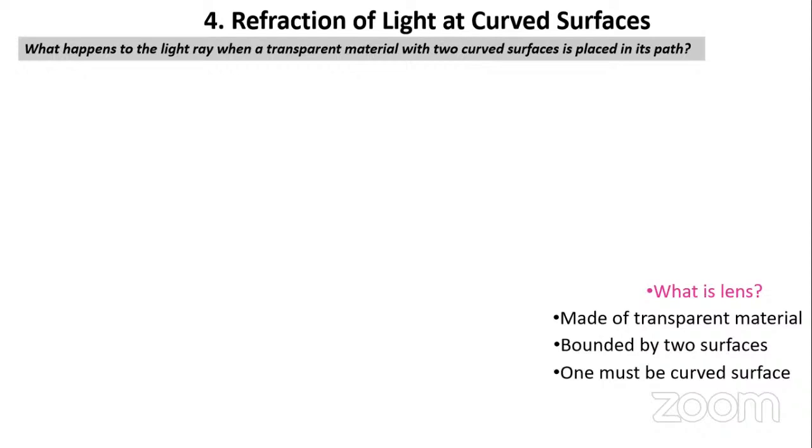So the lens definition is given to you: made up of a transparent material bounded by two surfaces, at least one of which must be a curved surface. Now we are learning about the types of lenses first. What are the types of lenses?